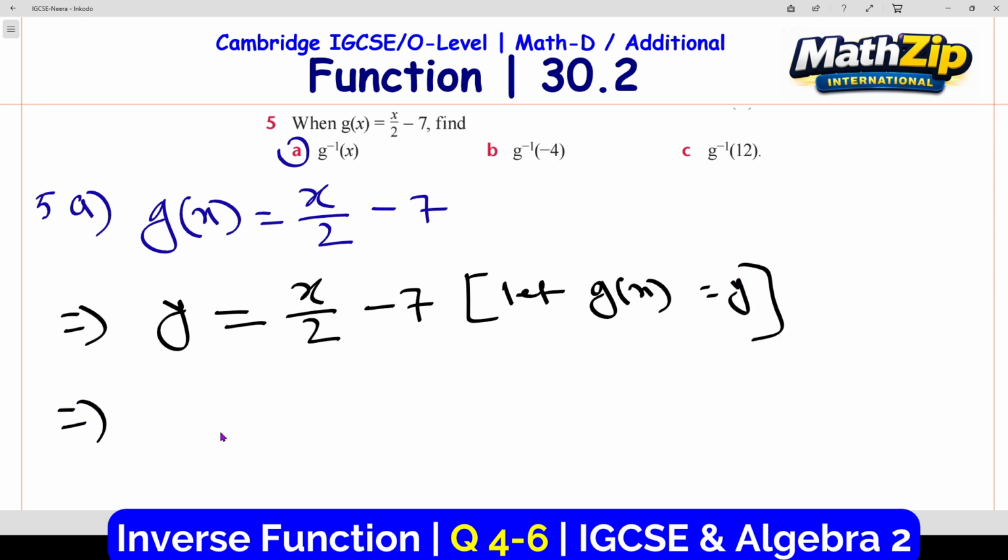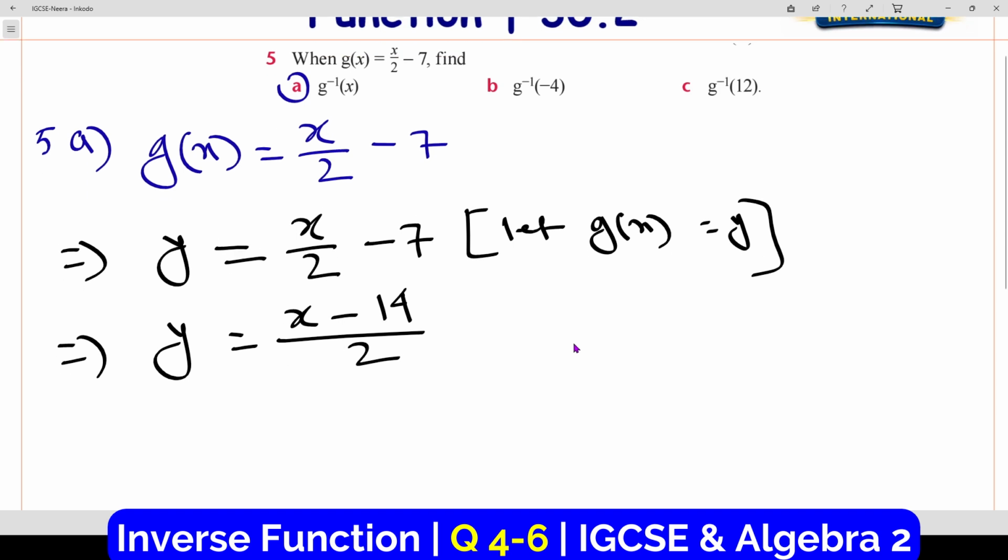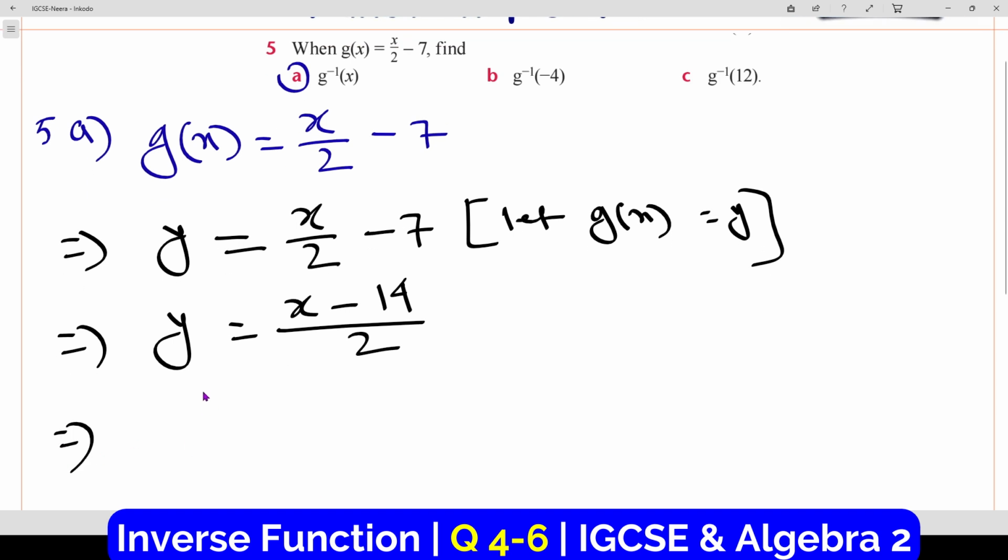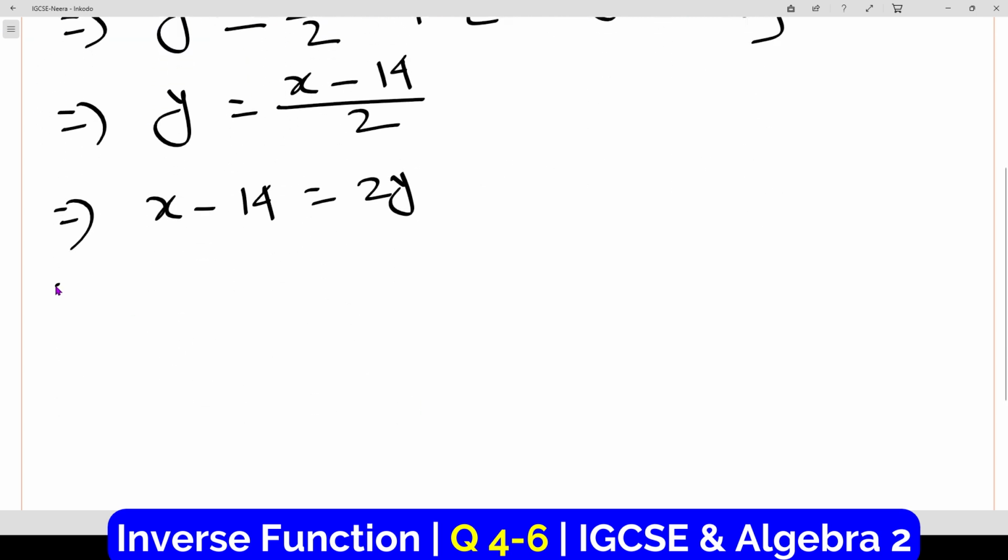So now y equals (x minus 14) by 2. Cross multiplication, x minus 14 equals 2y. Then x equals, we can add 14 to both sides, so 2y plus 14.